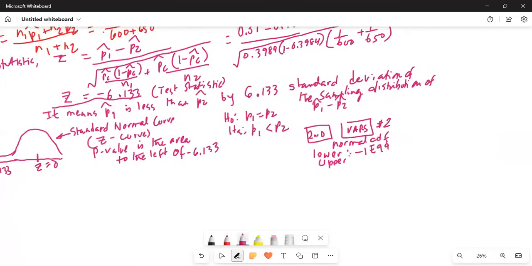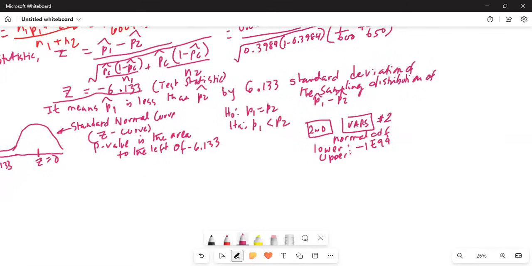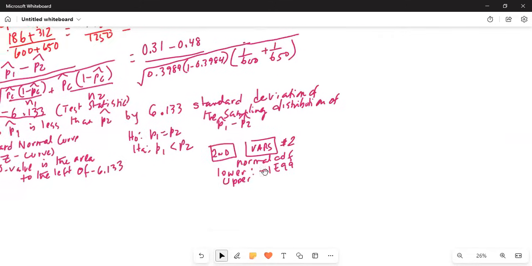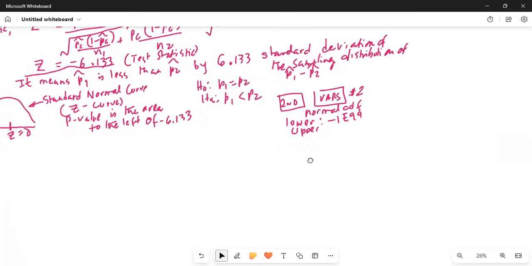And my upper bound is minus 6.133. My mu is 0 because this is a standard normal curve. Sigma is 1.